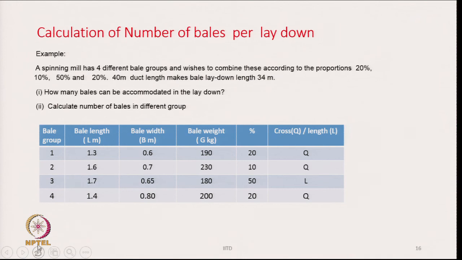Now, we will have a calculation just to know how many bales there could be in a laydown. Calculation of number of bales per laydown. Let us take an example. A spinning mill has 4 different bale groups and wishes to combine them according to the proportion given here: 20%, 10%, 50% and 20%.